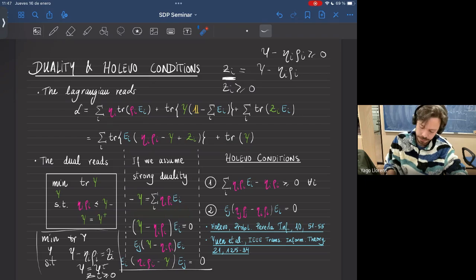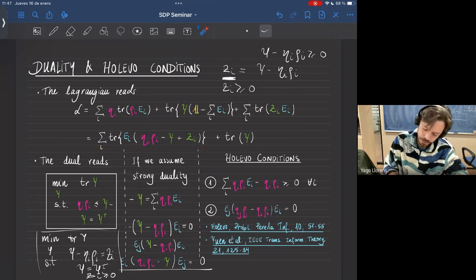Also, if we assume strong duality, we know that this object in here has to be equal to 0. This is a little bit less clear why, but if you see this condition over here, and you want these two objects to be equal, you need all this object to be equal to 0, in order to obtain the same output for the two problems.